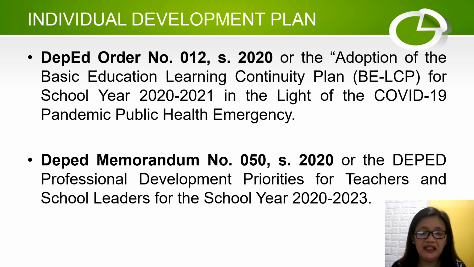Likewise, this IDP should also be in consonance with the DepEd Memorandum No. 050, Series of 2020, or the DepEd Professional Development Priorities for Teachers and School Leaders for the school year 2020 to 2023.